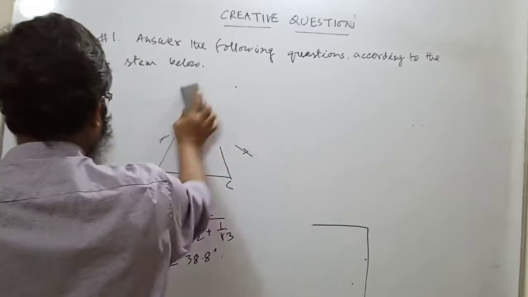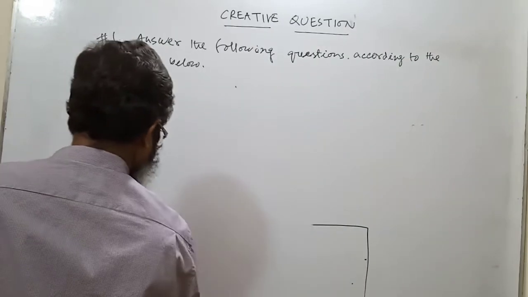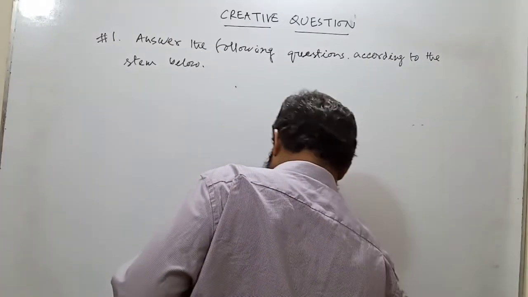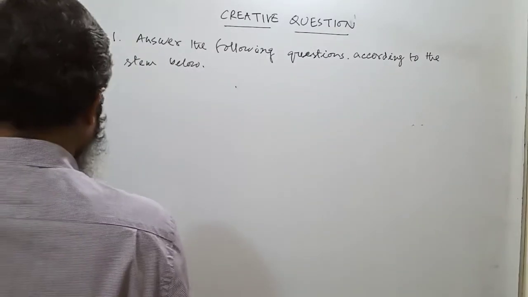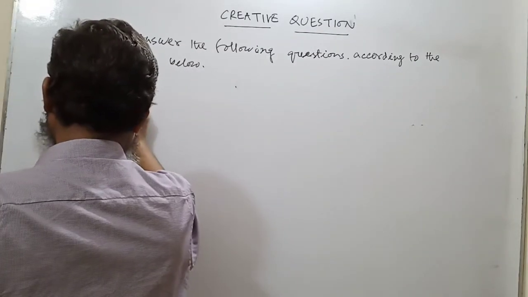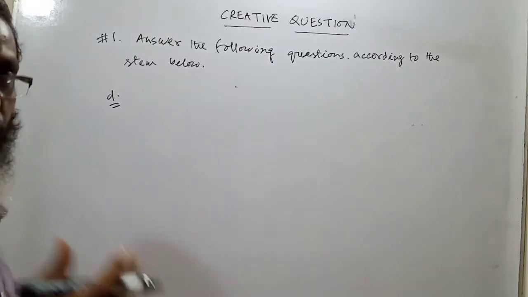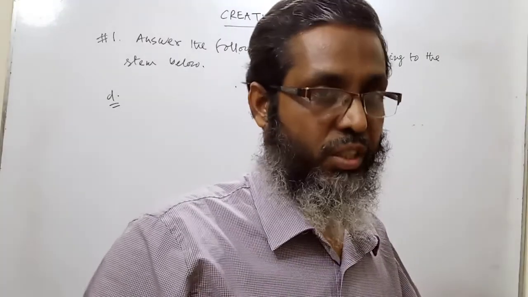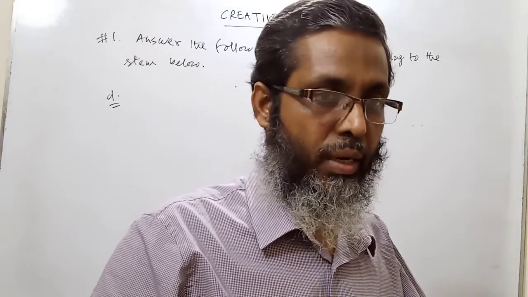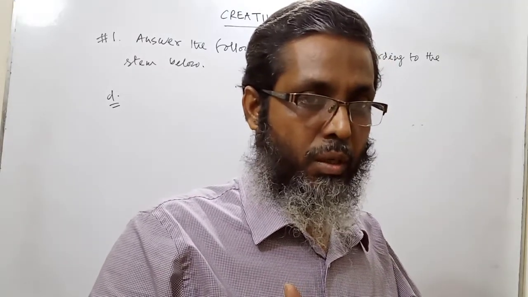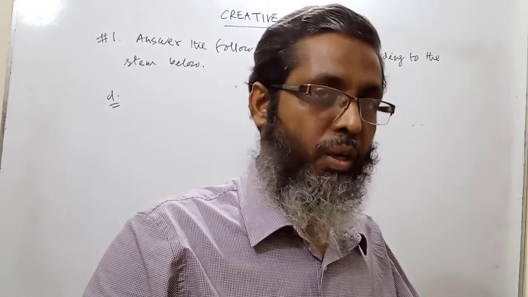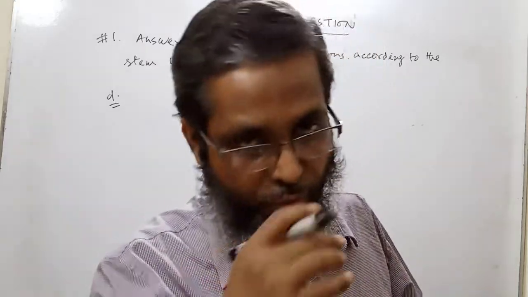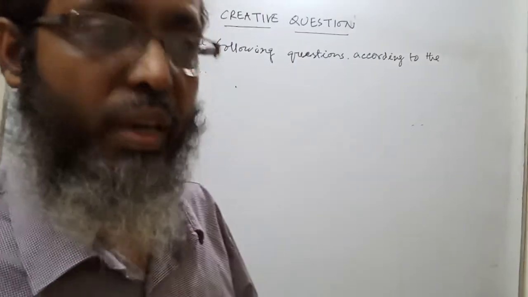I want to wrap the complete... Number D was, what should be the change in angle of incidence to get the angle of minimum deviation? We have to get the angle of minimum deviation, and in this case, what will be the angle of incidence? And from there we can find the change in angle of incidence.